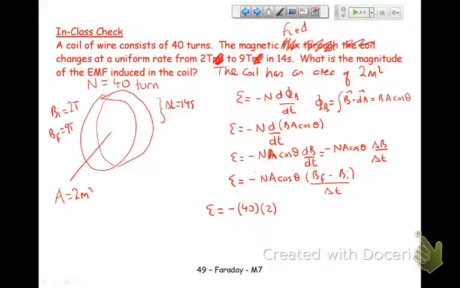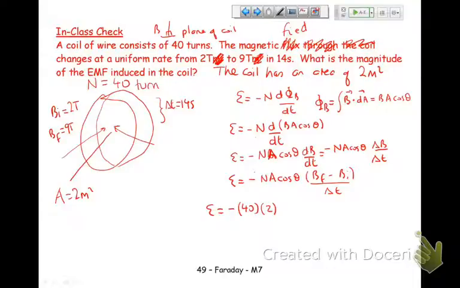As a little fig leaf to cover my embarrassment, I could say that with no other information, assume it's going through perpendicularly. Or I could say assume it's going through like that, in which case the answer is 0. So I really have to tell you what it is. But in my mind, I meant to say that the B is perpendicular to the plane of the coil. Yeah, that's what I meant.